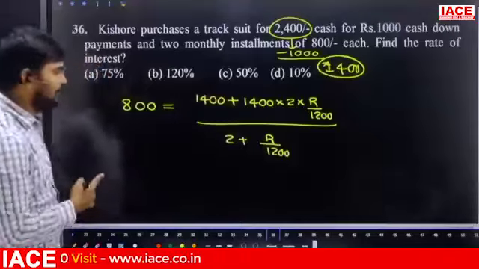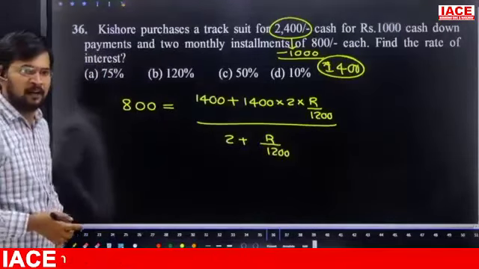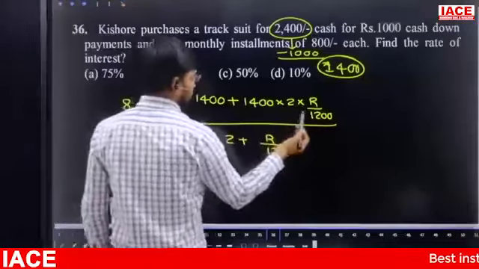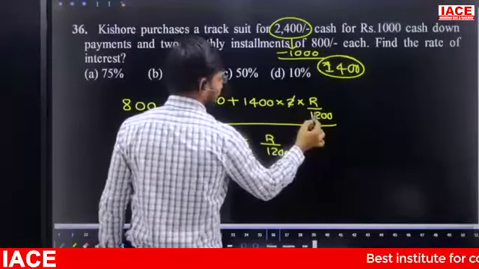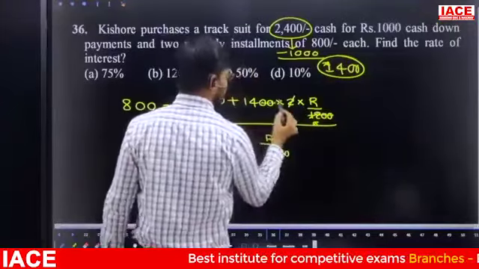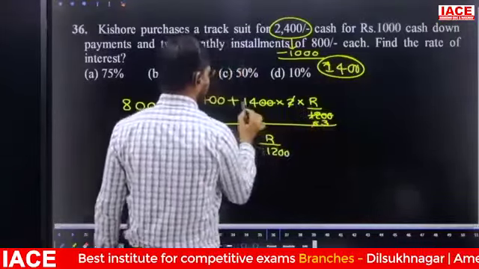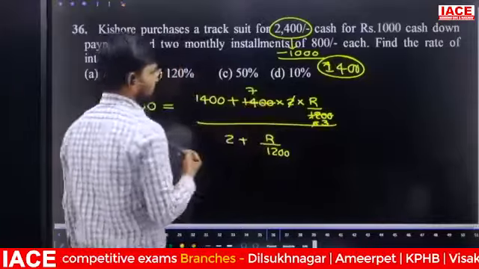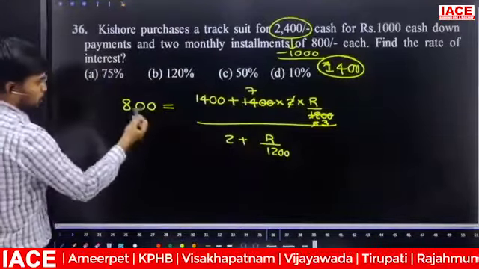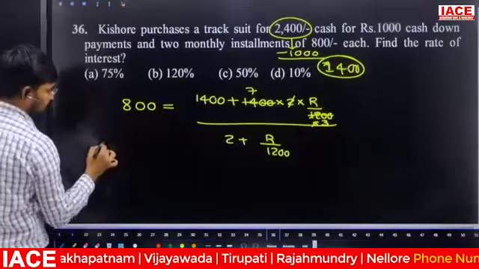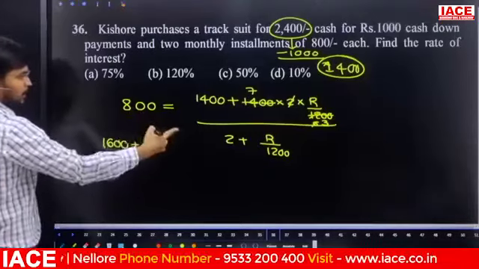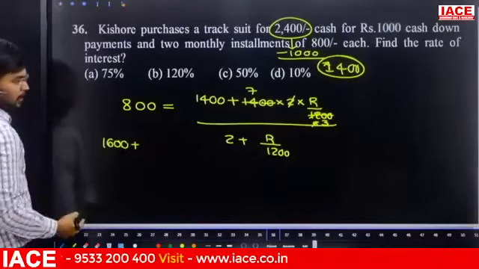Now I need R. R is the only unknown variable. So look at me, all of you. So here 2 1s are, 2 6s are. So 2 zeros and 2 zeros get cancelled. 2 3s are, so 2 7s are. Okay? Now this one comes to this side. 2 into 800, 1,600 plus 800 into R, 800 R by 1,200.